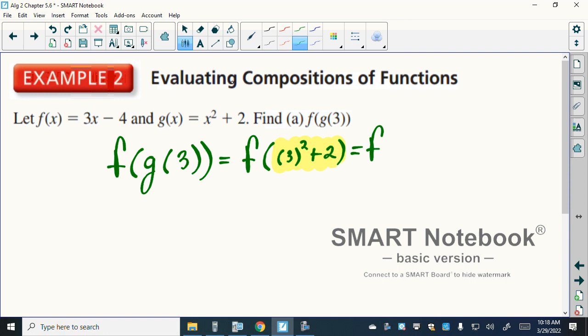Because 3 squared plus 2 is just a number, yes? Let's simplify it. We can plug it into a calculator. 11, because 3 squared is 9, plus 2 is 11. Okay, now we have f of 11. So we'll do the same thing, except plugging 11 into f of x, giving us 3 times 11 minus 4.